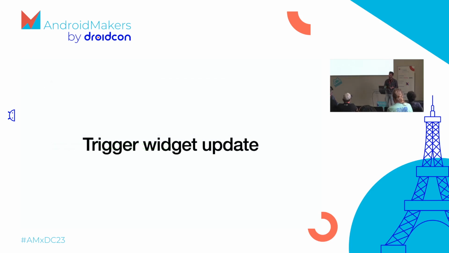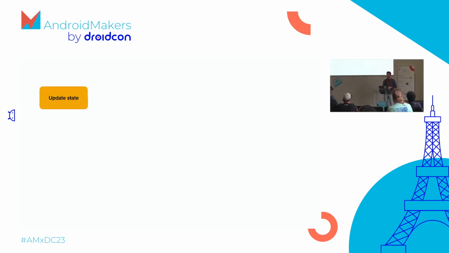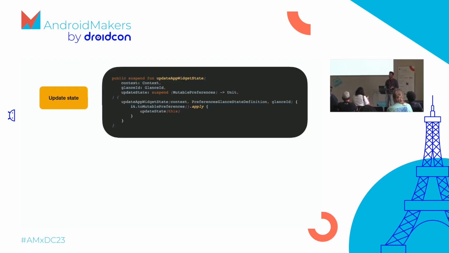Now we'll learn how to trigger the widget updates. So in order to update the widget, we need to do two things. We need to update its state, calling updateAppWidgetState, which is a suspendable function. We need to provide the context, Glance ID, and updated state. And then when we have the updated state, we need to trigger the composition.